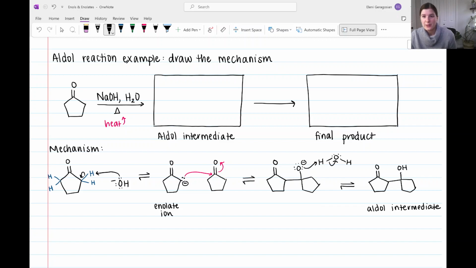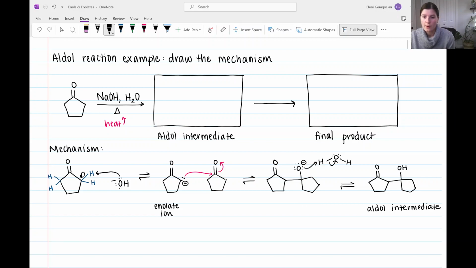Now, with heat present, the reaction continues and forms the aldol condensation product. So that final product there. We will have a carbon-to-carbon double bond, and we will no longer have the OH group, the alcohol group.